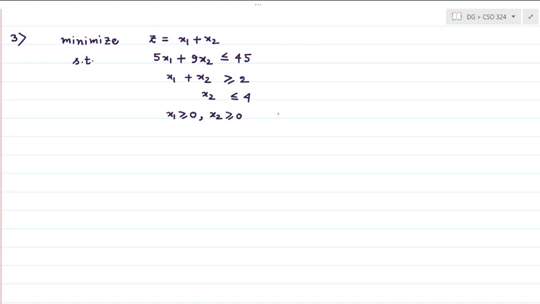For this problem, to find the optimum value, if I just quickly give you the graph of the feasible region, you will find that the graph is as follows.